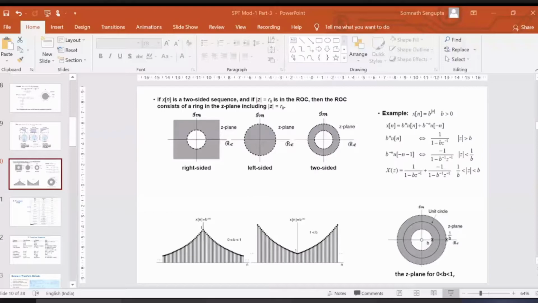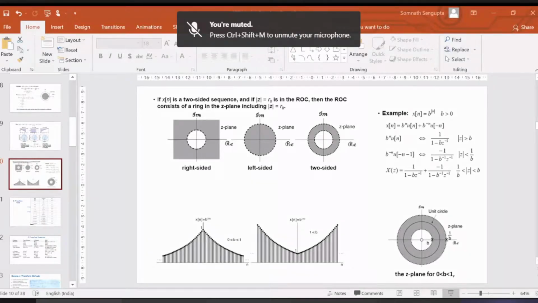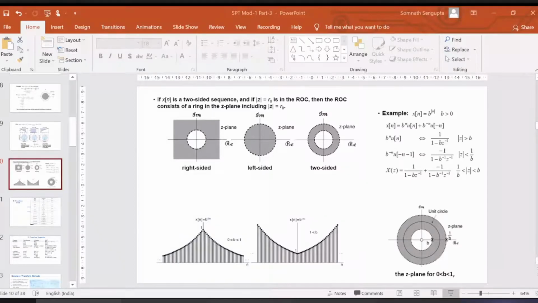Now you see that inverse Z transform. Sir, slide number 10 is visible.